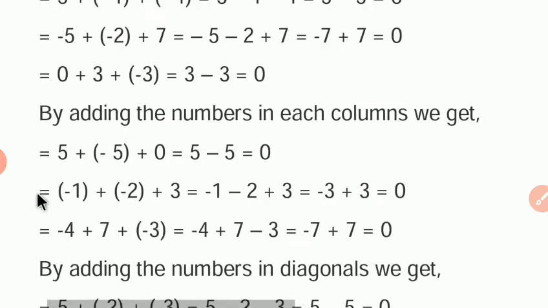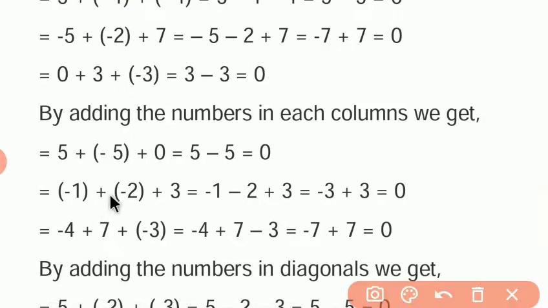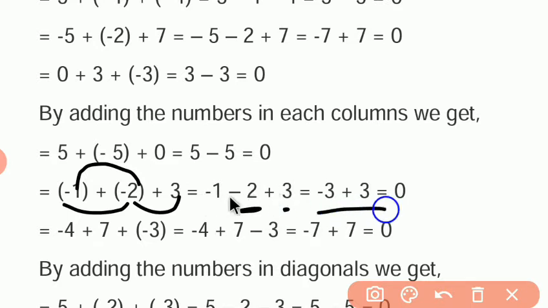So minus 1 plus of minus 2 plus of 3. First we will open the bracket. So minus 1 plus into minus, minus 2, then plus 3. So minus minus plus, 1 and 2, 1 plus 2, 3. So minus 3, and the remaining number is plus 3. Then again minus 3 plus 3. So 3 minus 3 is equal to 0.